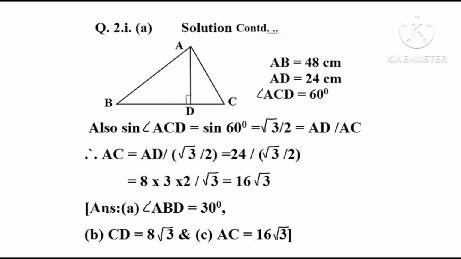Also sine 60 degrees is equal to square root 3 upon 2. But sine C is AD upon AC. Hence AC is equal to AD upon (square root 3 upon 2). Therefore AC equals 16 root 3. Hence answer is A. Angle ABD equals 30 degrees. B. CD equals 8 root 3 and C. AC equals 16 root 3.